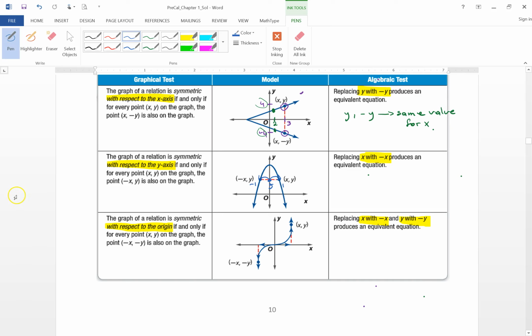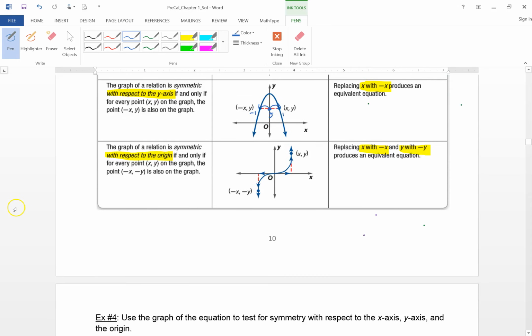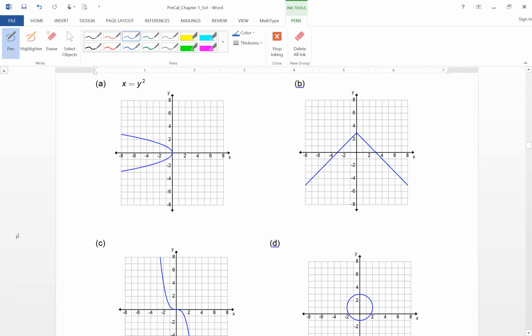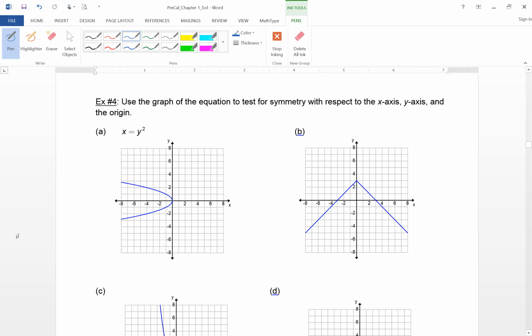In practicality, it's really a lot simpler than it looks here. So look at this one. The first one. You're given x equals y squared. Okay? We want to test algebraically whether this has any symmetry. So here's what I do. I separate my workspace into 3.